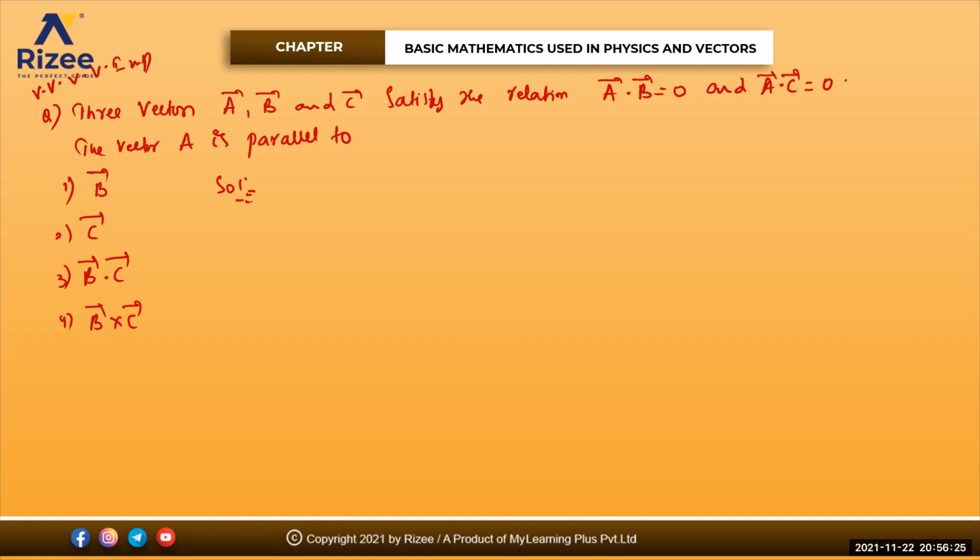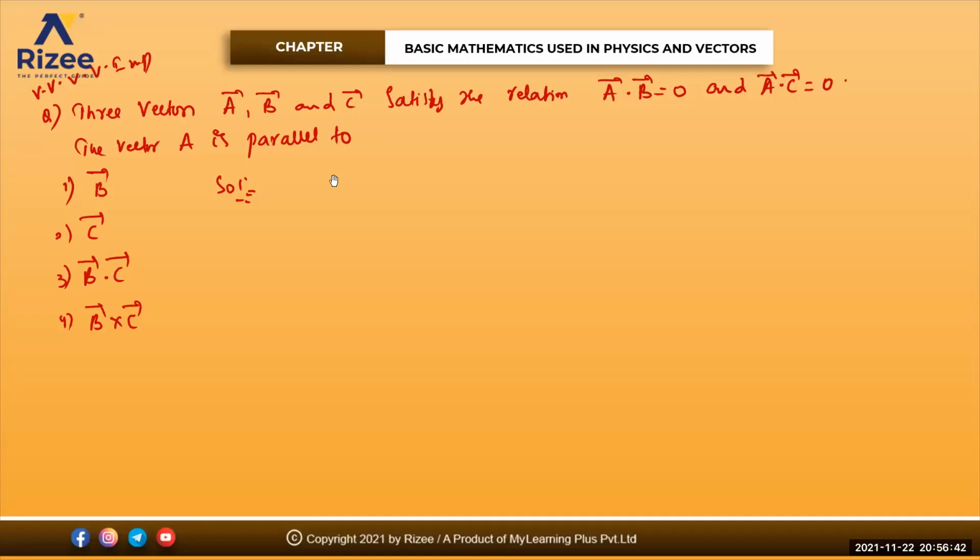I have not taught you the cross product formula yet, beta. Plane containing B and C bar. Sorry. See, A bar dot B bar is equal to 0. Means A bar is perpendicular to B bar.